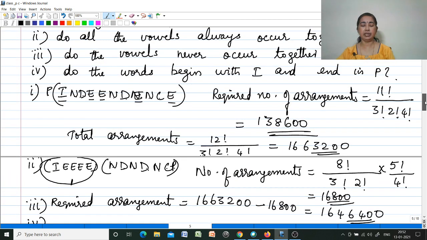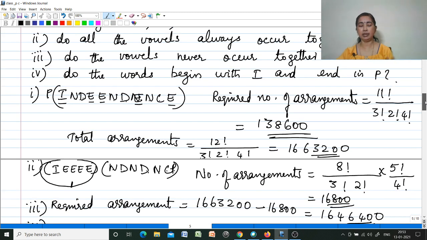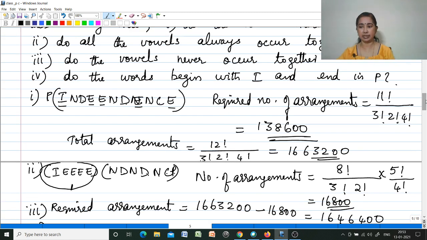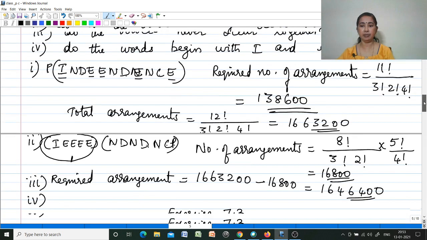And the fourth question: the number of arrangements when the word begins with I and ends in P. So the first and last are fixed, there is no change in that. Out of the 12, two places are already fixed, I and P. Only the remaining will change.